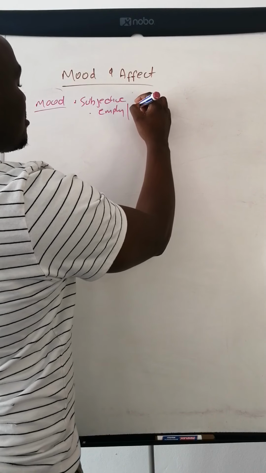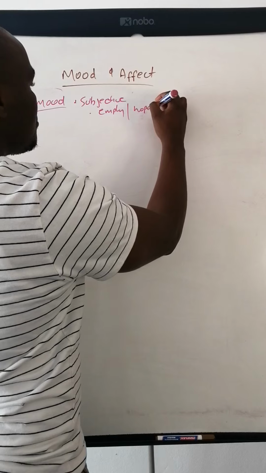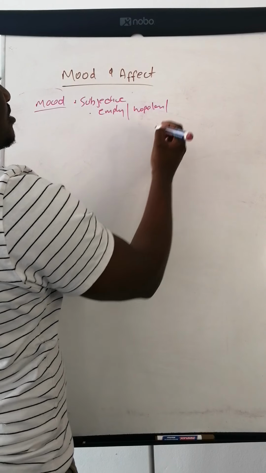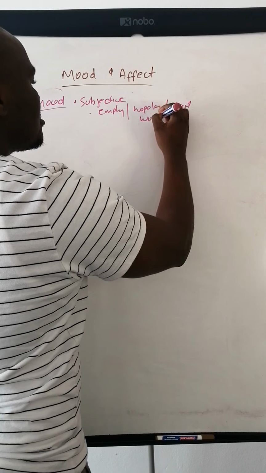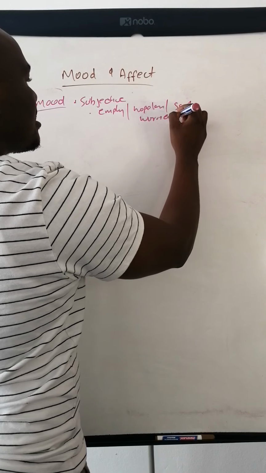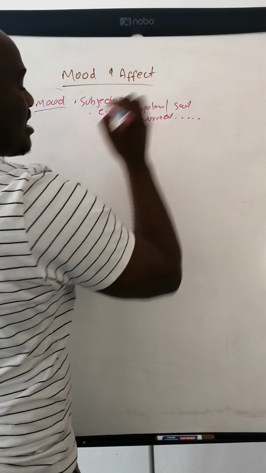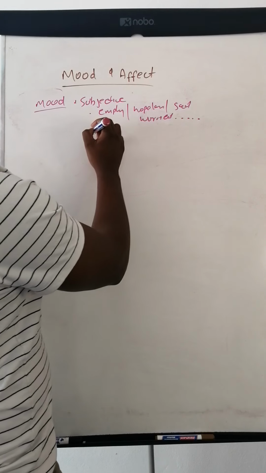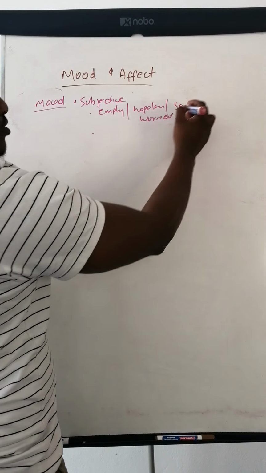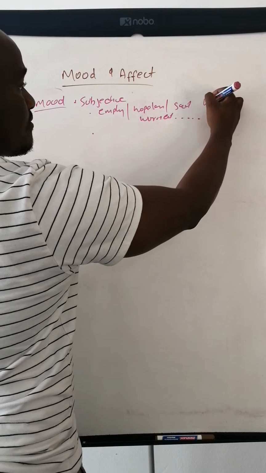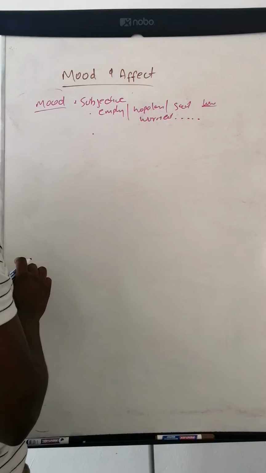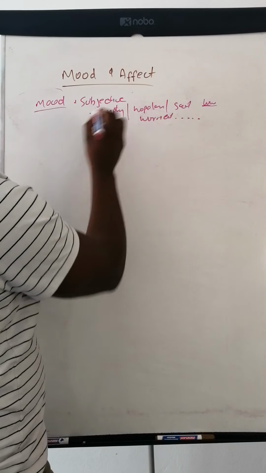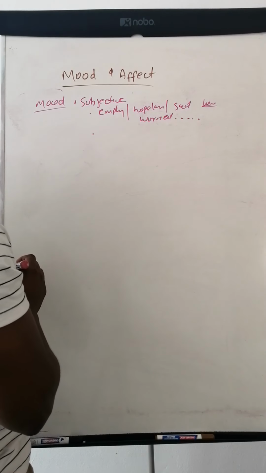I feel hopeless. I feel sad, worried. This is your low mood kind of symptoms. I feel empty, I feel hopeless, I feel sad, I feel worried.